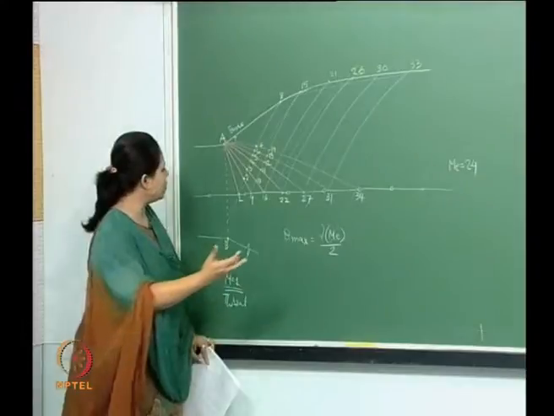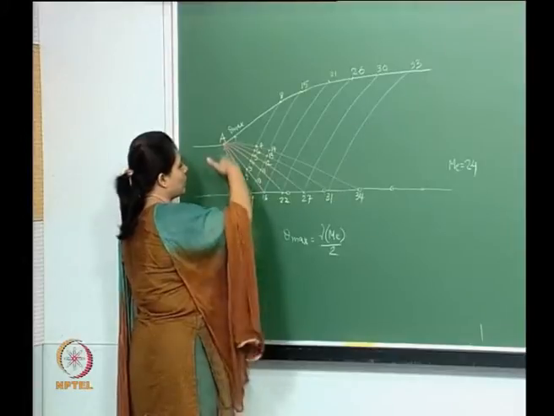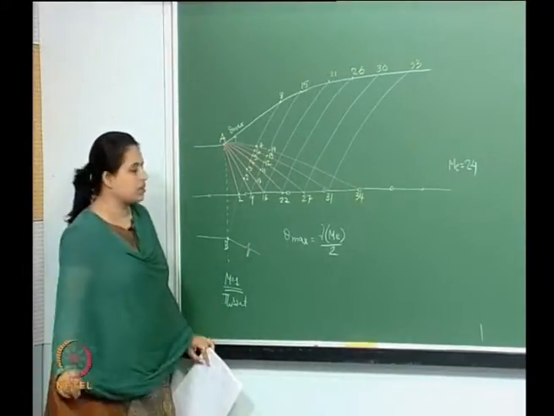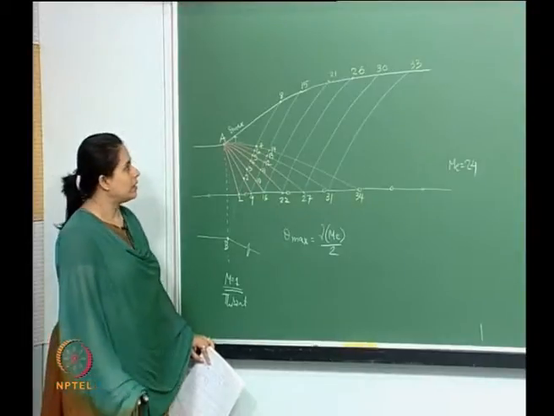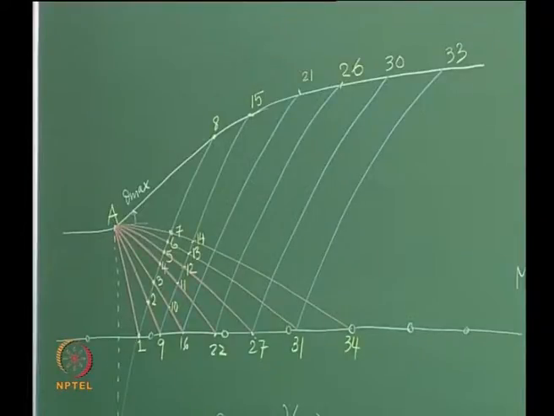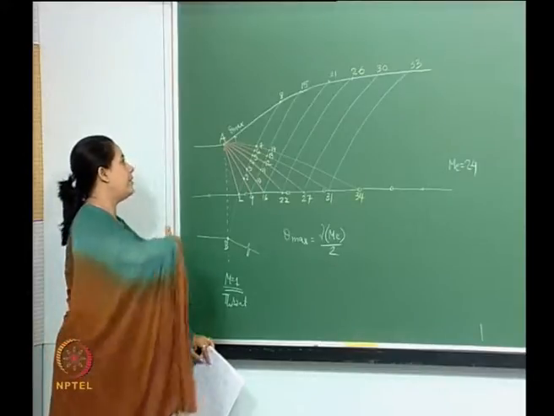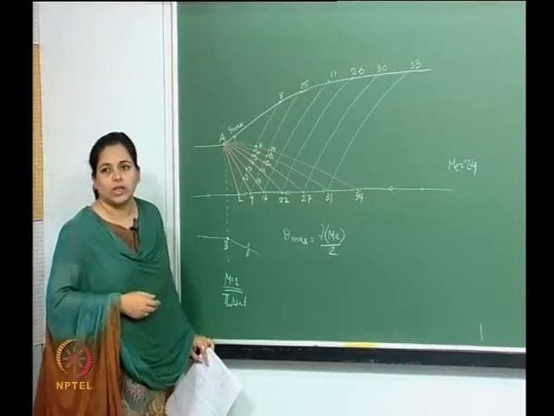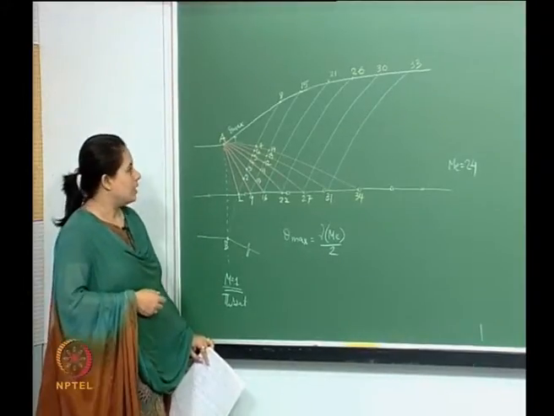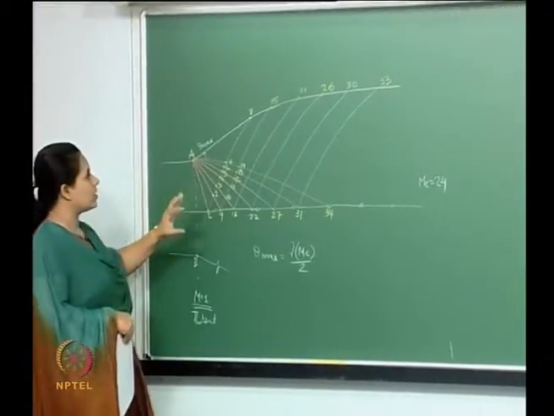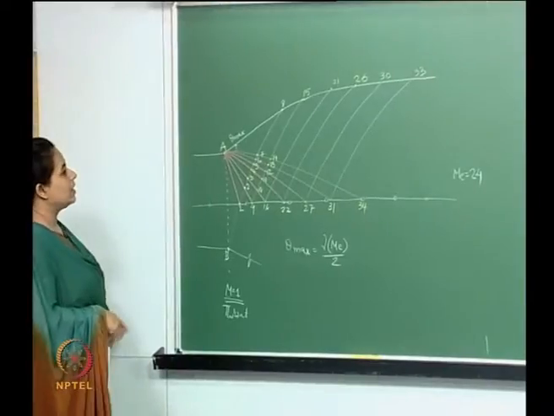So for that, all you need to do is take more and more number of Mach waves, as you can clearly see from here. So hence the computational task will be more efficient if you write a computer program, and then we can do this better, right.